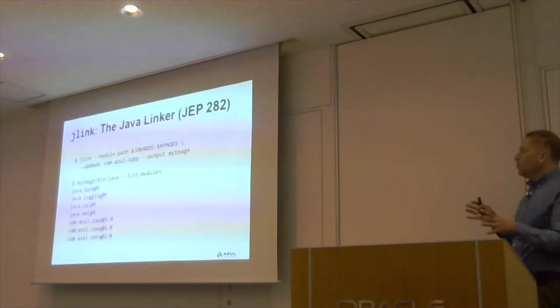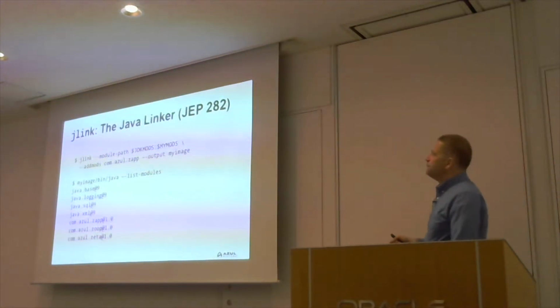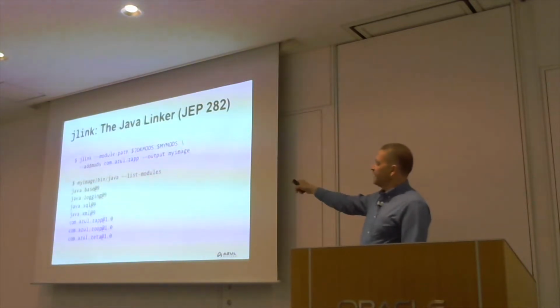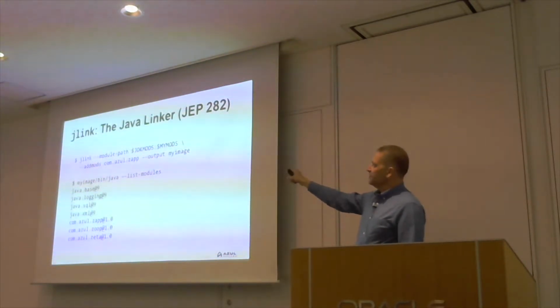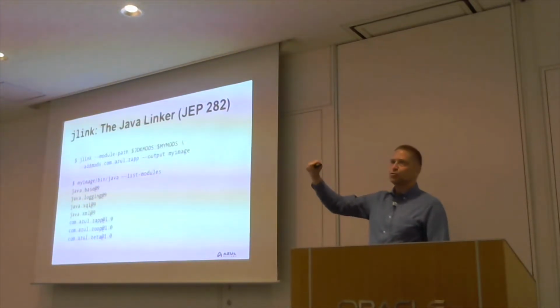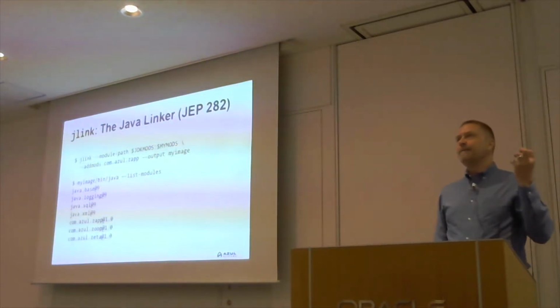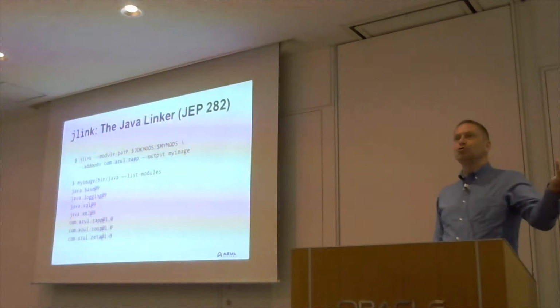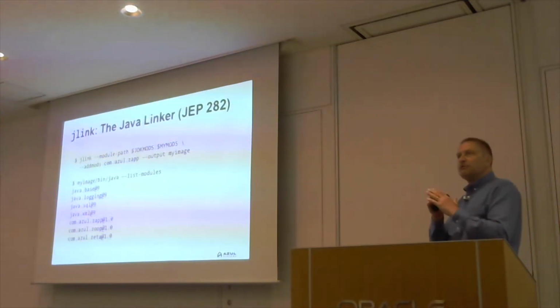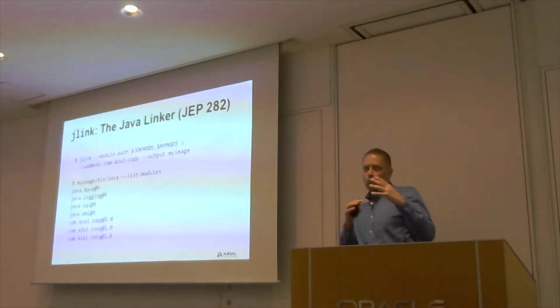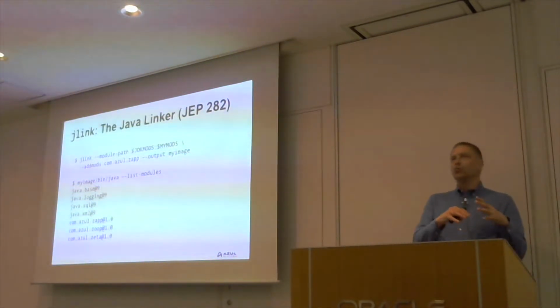If you look at a slightly more realistic example, what I'm doing here is I've created an application that uses modules. And I can use JLink again, and I can say, use the JDK modules, use my modules, and add the main entry point module for my application. So I don't have to list out all the modules myself. The JLink command with the compiler will work out what's needed.